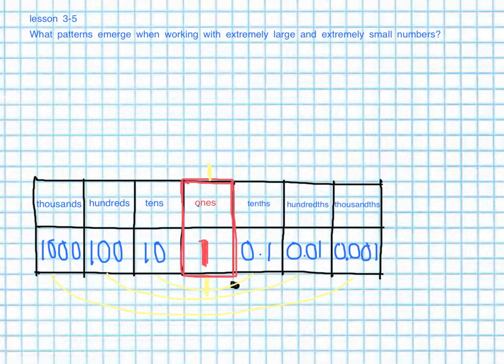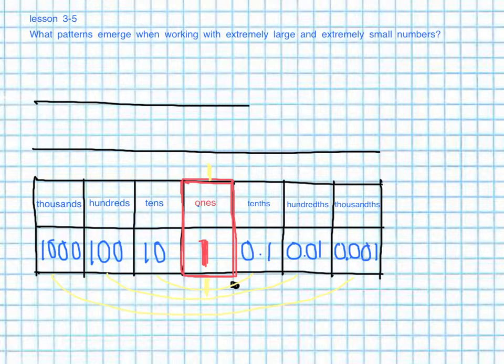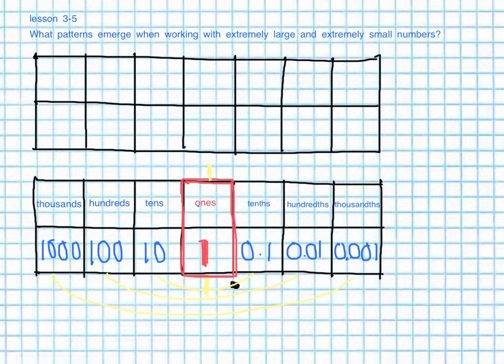So let's draw this same chart right up here. Now we want to start this chart with our thousands category. Where we ended this one, we're going to start right here, so we'll put thousands right here.